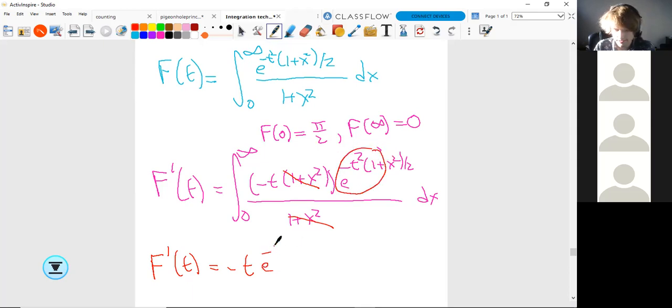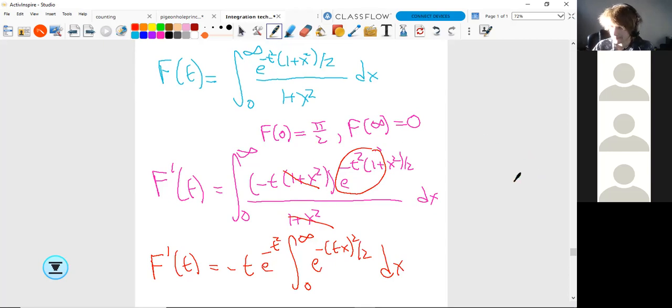So that's e to the minus t squared. And then what we're left with is the integral from 0 to infinity of e to the minus t x squared over 2 dx.